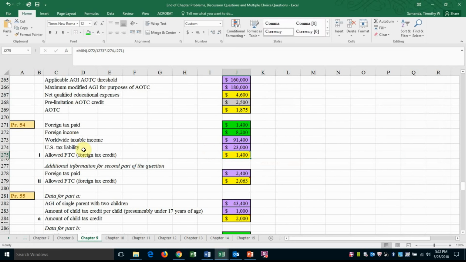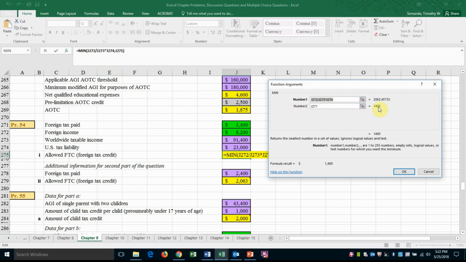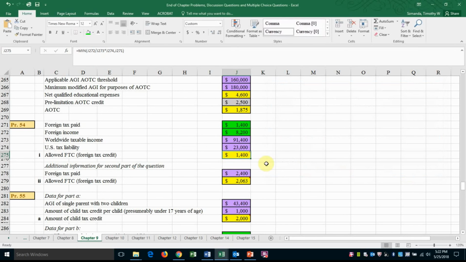I'm sorry, that is greater than the 1,400, so that will be the amount then that we will include, because 1,400 is less than 2,064. So then they only qualify for the full $1,400 of the foreign taxes paid. And that's nice because it means that they will not pay tax twice on the same income.